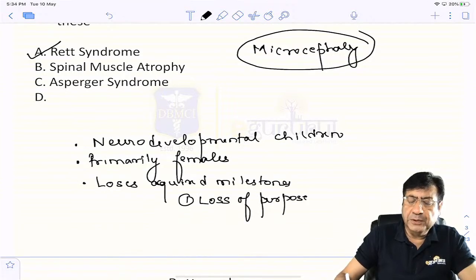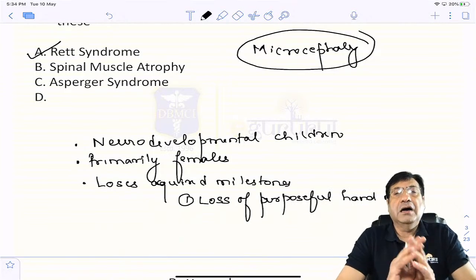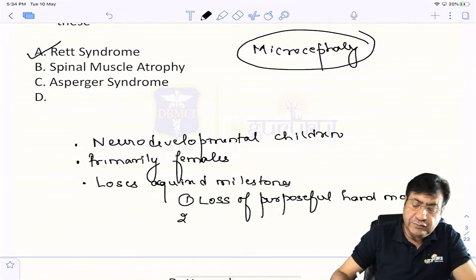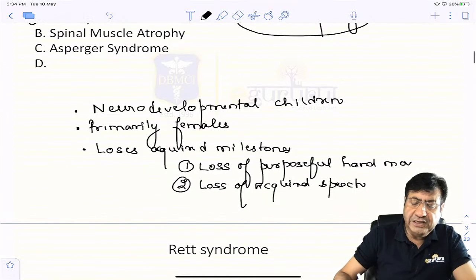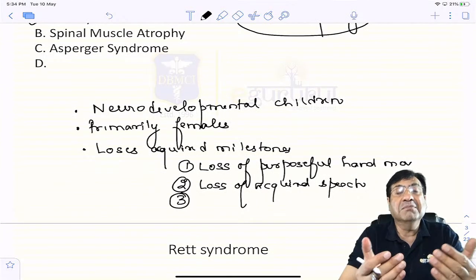These purposeful hand movements which are lost are replaced by involuntary stereotypical hand wringing movements. Then there is even loss of speech. Most of the speech that the child has acquired can also be lost during this time. Many of these children also have a very clumsy gait.